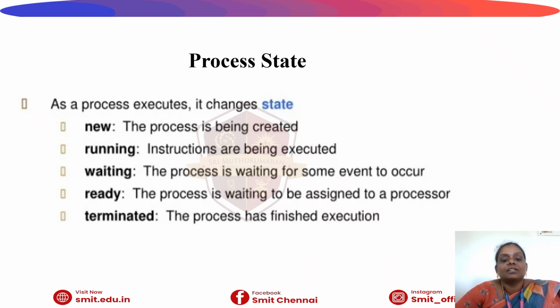Terminated is after completing the process, that means process finished. So the real-time example is booking a ticket is a new process. Waiting in a queue is ready, and at the counter the queue is running, and a payment delay is a waiting, ticket receive is a terminated.